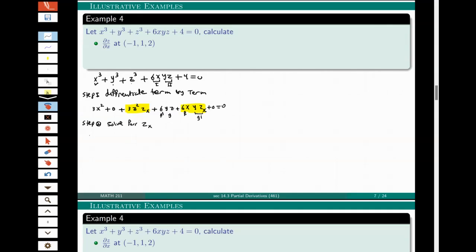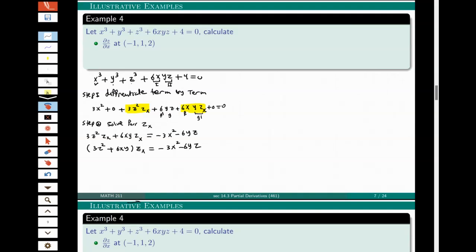So I will have here 3z squared z sub x plus 6xy z sub x, and the rest on the other side, which means minus 3x squared minus 6yz. So taking z sub x as a common factor, that will be 3z squared plus 6xy equal to minus 3x squared minus 6yz.